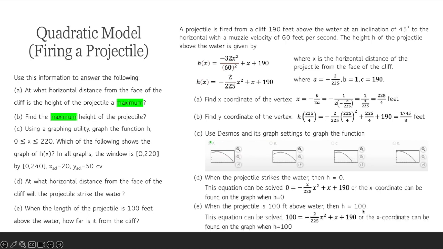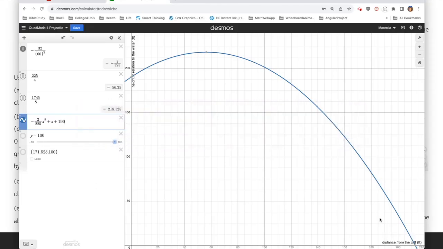And then I have to solve this equation, now with 100 instead of 0, or find the x-coordinate on the graph when h is 100. So let's go do that. Here it is difficult. For example, you know that you can click on the graph and it starts going.